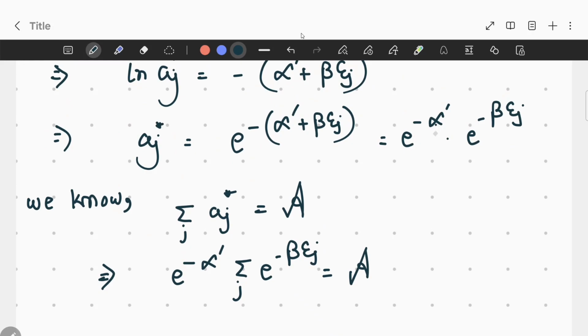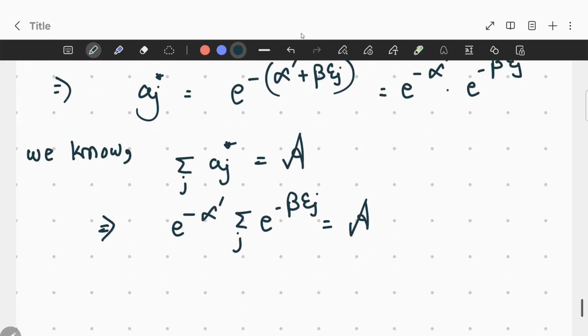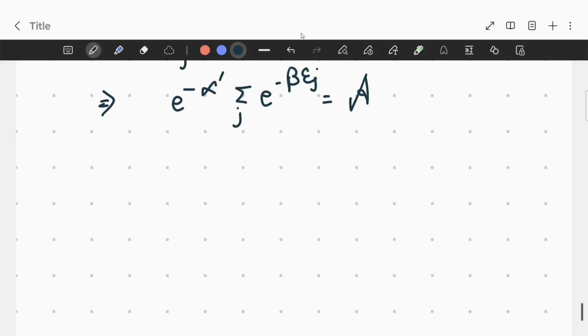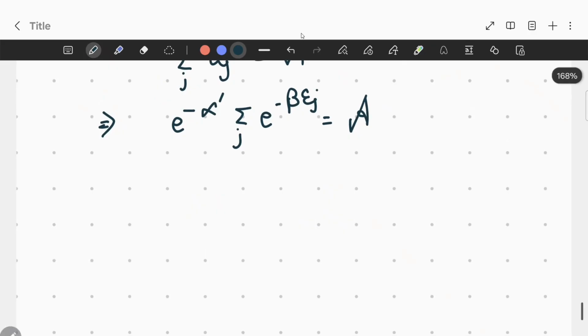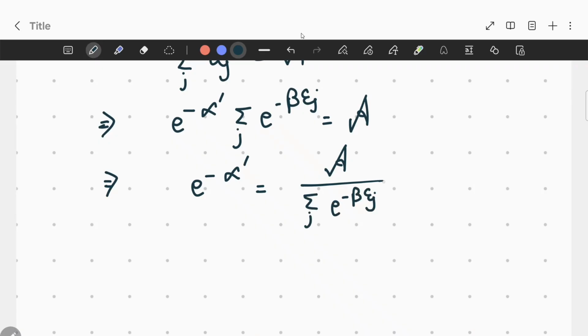This is constant, so no j will be there. So it is clear. Can we write it? Yes. So if we can write it, then this is also true.